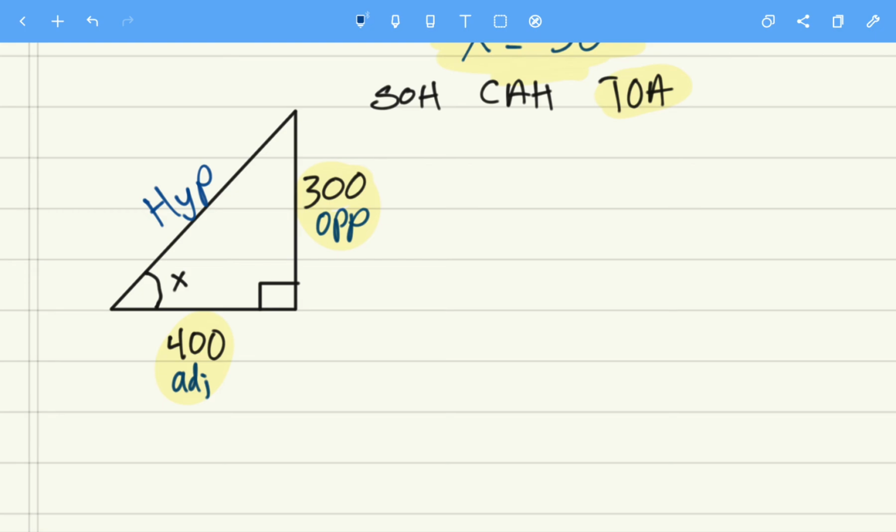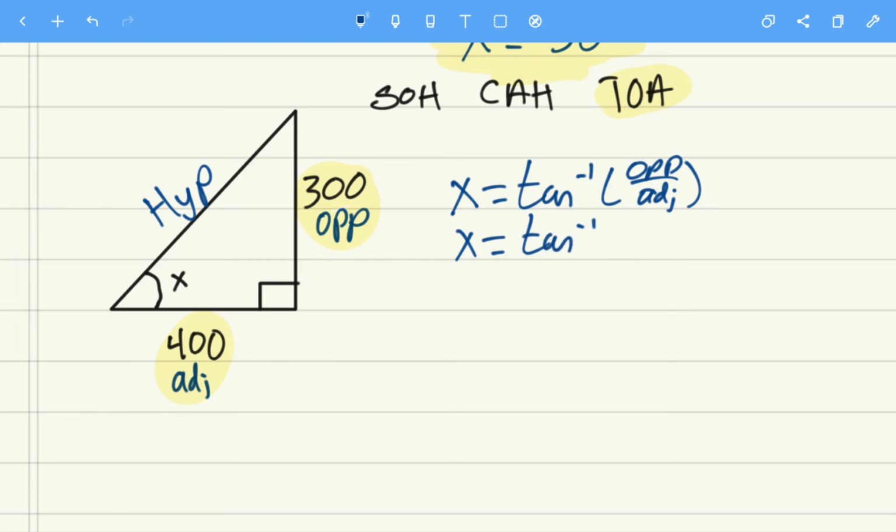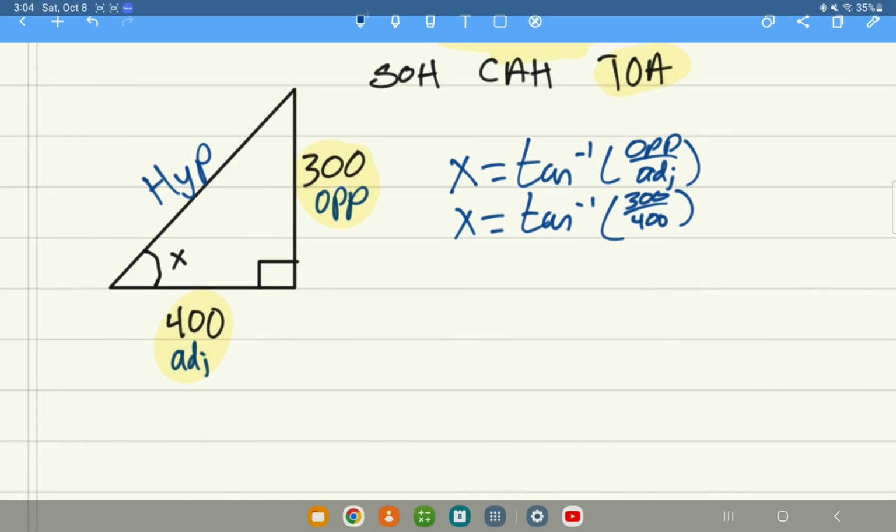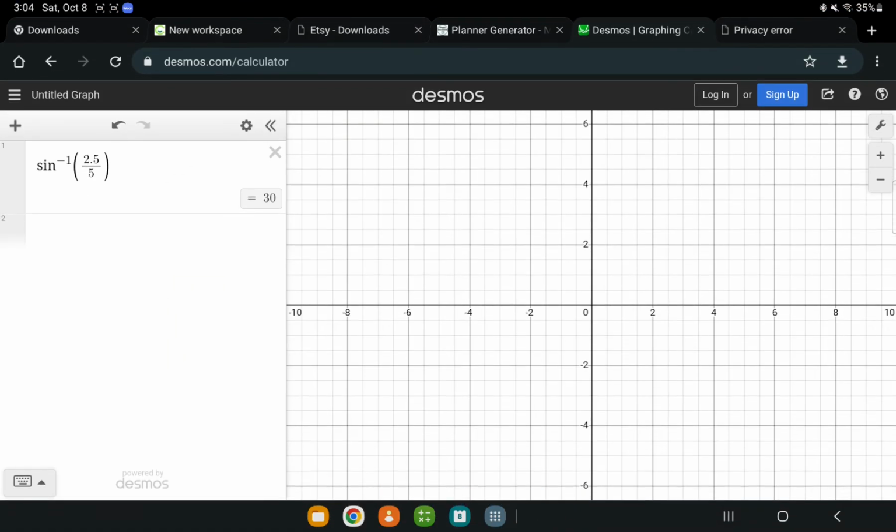So from this point, I set up our function. X equals the inverse tangent of opposite over adjacent. Plug in our numbers. And then we move to our calculator again.